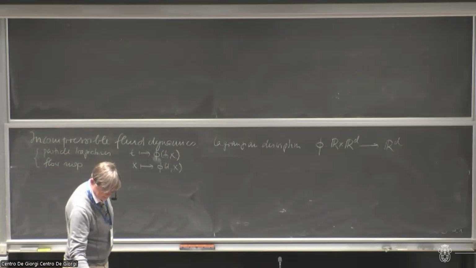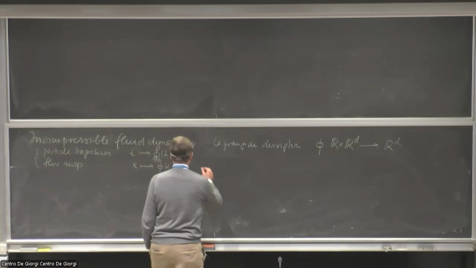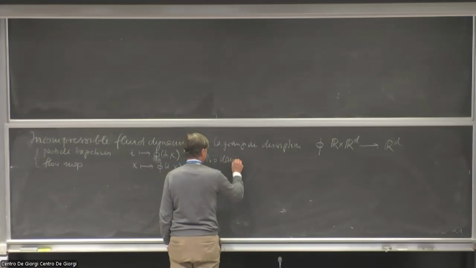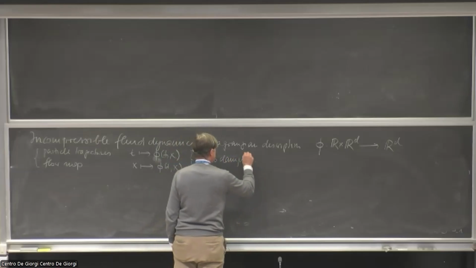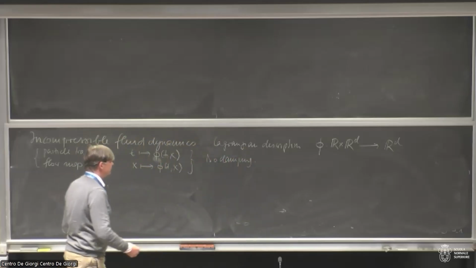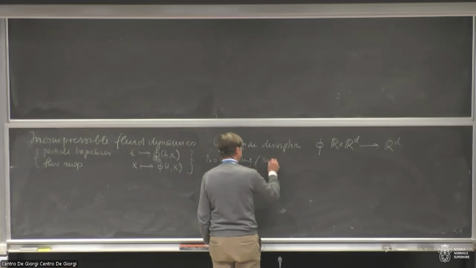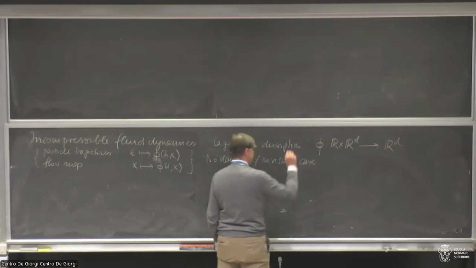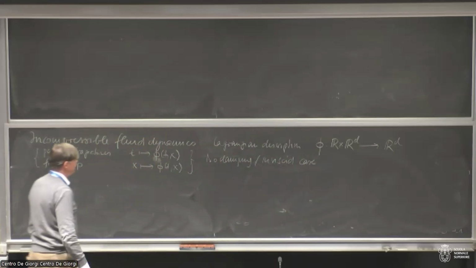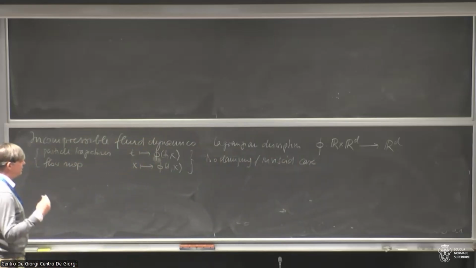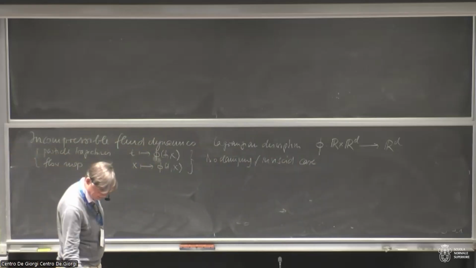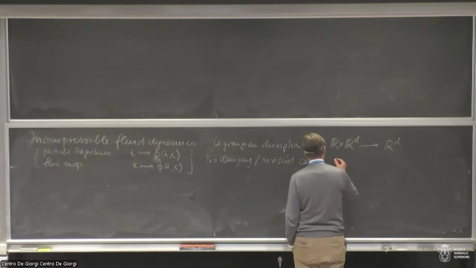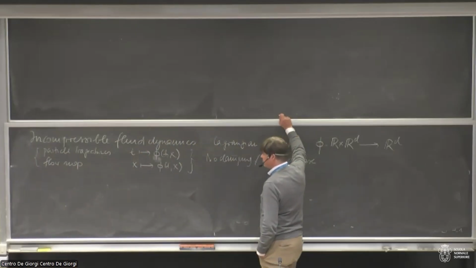And I will be at first interested in the case of no damping, so the inviscid case. No viscosity, zero viscosity, in which case Euler, in 1757, formulated the model for this.